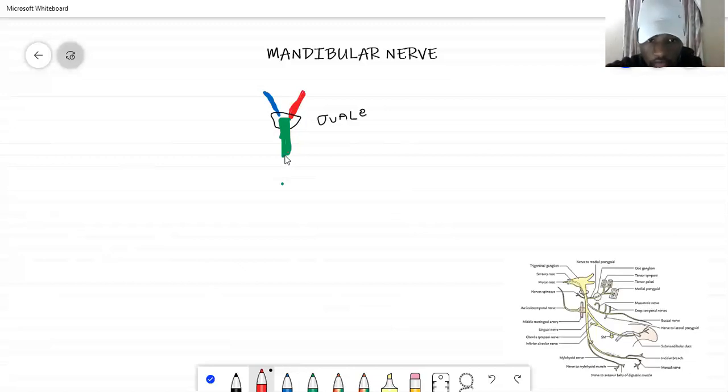So from this trunk, you have your posterior division, and then you have your anterior division. I think it's easier to understand with the colors I drew, guys. So most of your anterior division is formed by your motor root, and then most of your posterior division is formed by your sensory root, right?